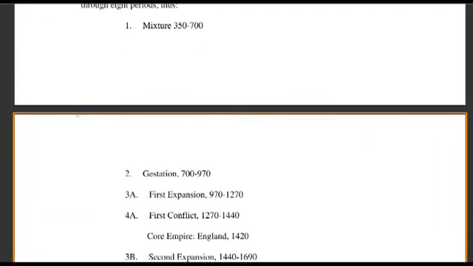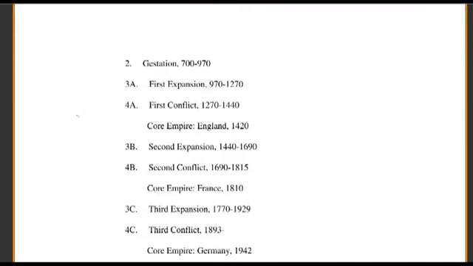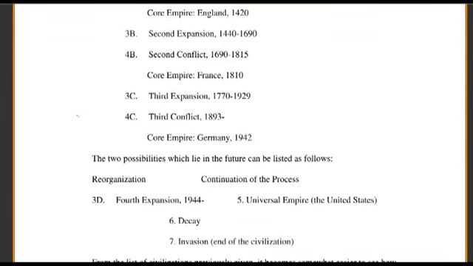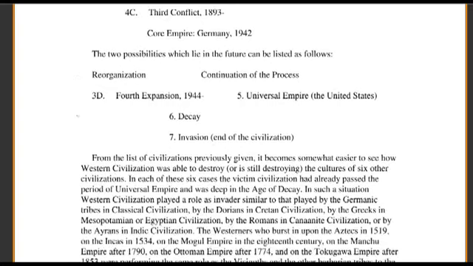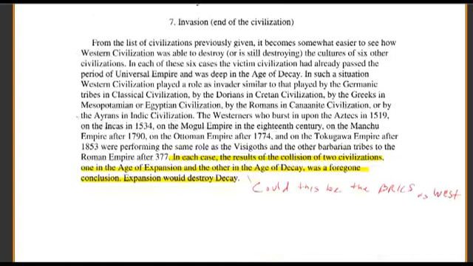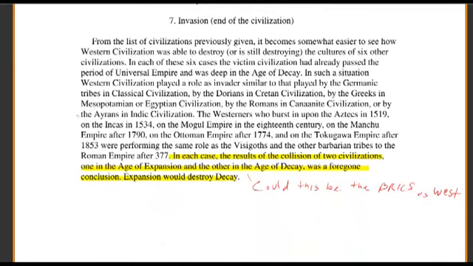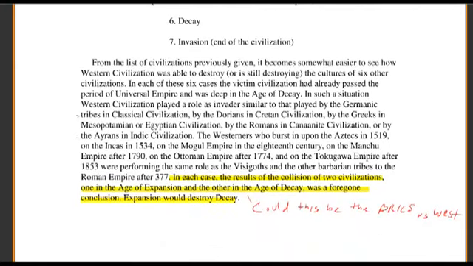It's giving you the overview of Western civilization: the mixture, gestation, expansions, conflicts, and we're going to bring out a table that's going to go through that, because you've heard it on table. We're going to illuminate it on the table. In each case, he goes through this paragraph and tells you that when an expanding civilization comes in contact with a decaying or stagnant civilization, expansion always destroys decay.